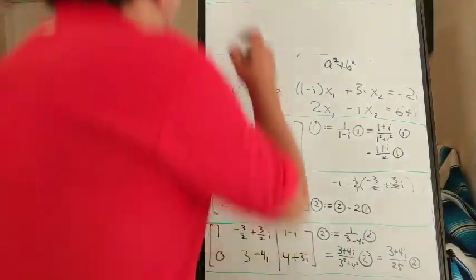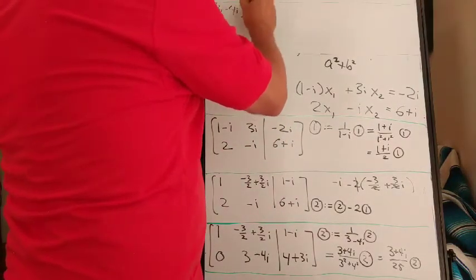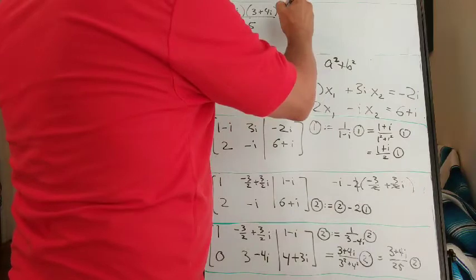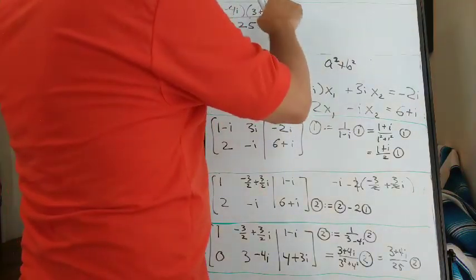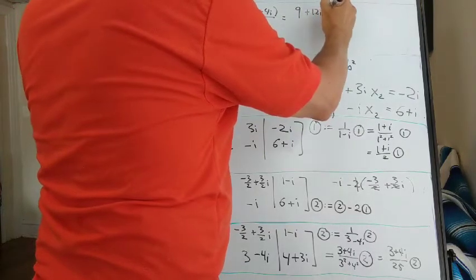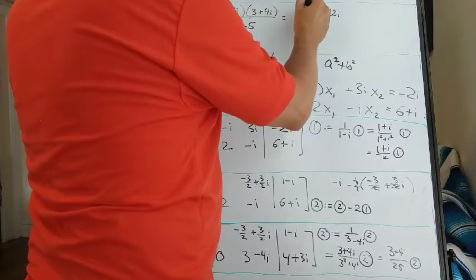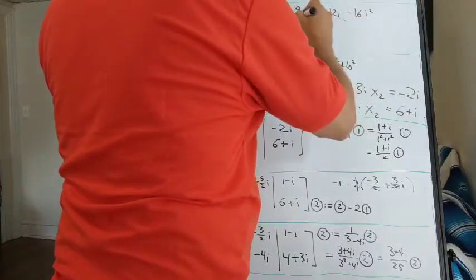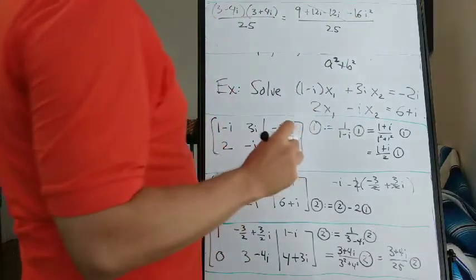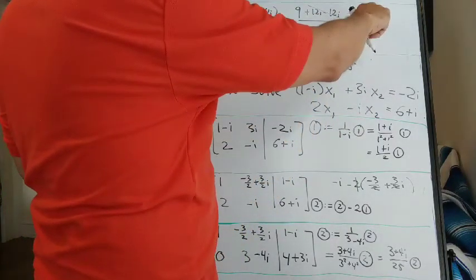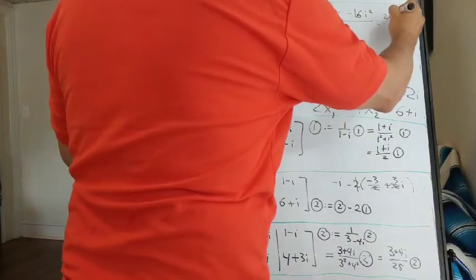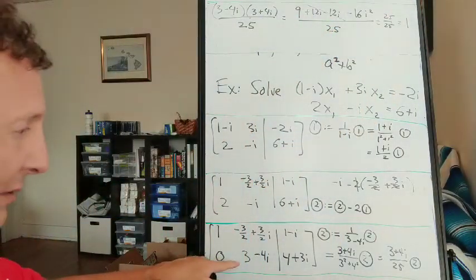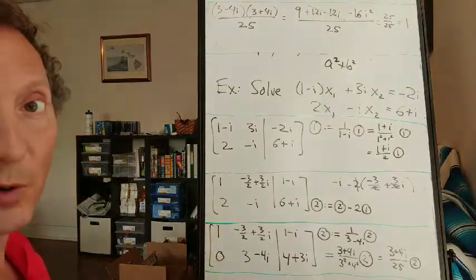Alright, we have 3 minus 4i times 3 plus 4i over 25 is 9 plus 12i minus 12i, that's 0, minus 16i squared, all over 25. i squared is negative 1, so negative i squared is 1, so it's 9 plus 16, which is 25 over 25, which is 1, which is good, because the whole reason that we divided by 3 minus 4i is because we wanted to get a 1 here.